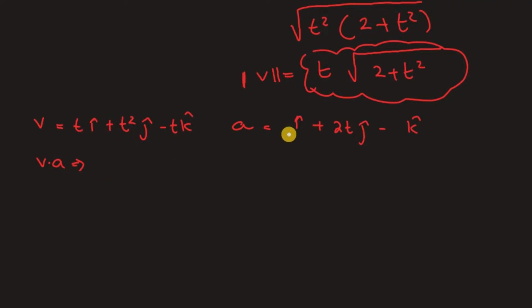Okay, so t times 1, that is going to be t, plus t squared times 2t, that is going to be 2t cubed, and then you have negative and negative, that's a positive, times 1, that's t, and you ignore the i, j, k in the dot product. Okay, so this gives you 2t cubed plus 2t for v dot a.